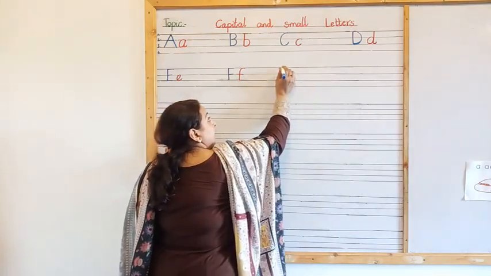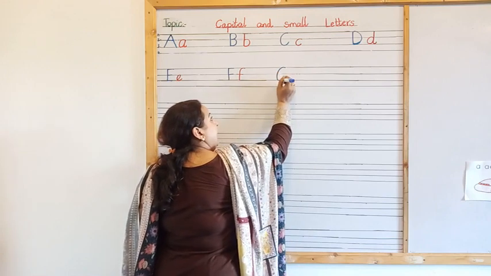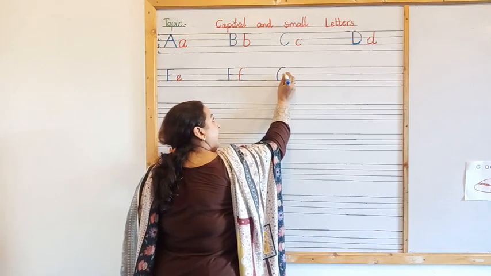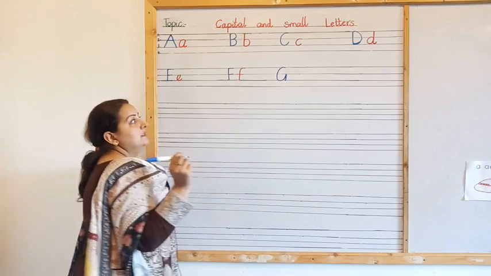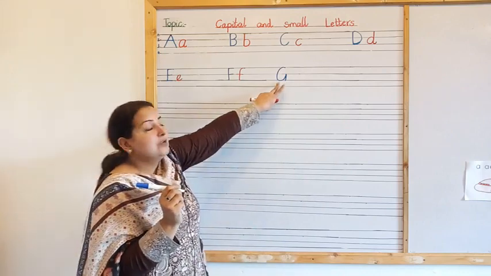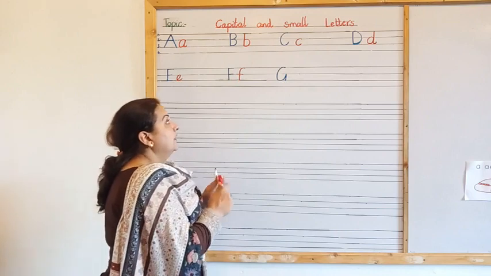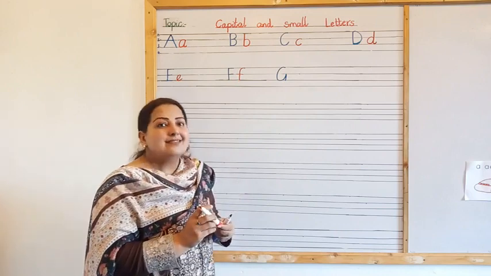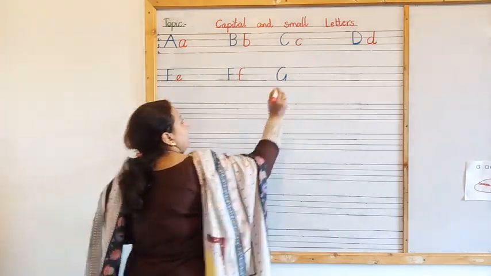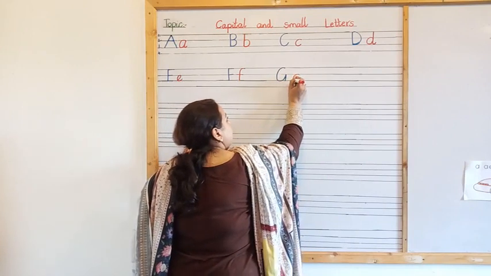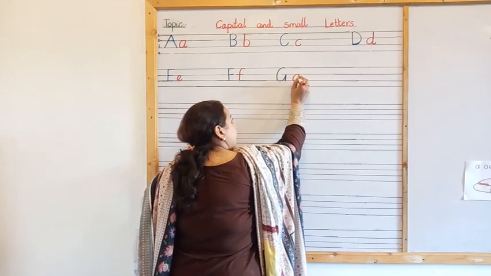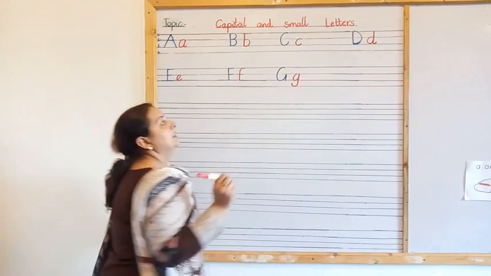Simply you will make capital C, then go up and down. Please focus on the formation of the letter and copy and practice the same pattern. G. In lower 3 lines you will write small g.